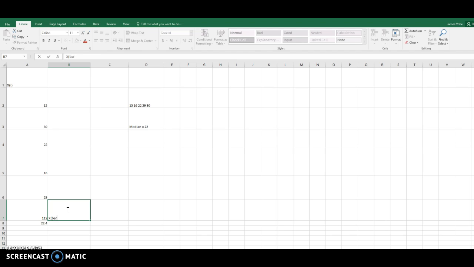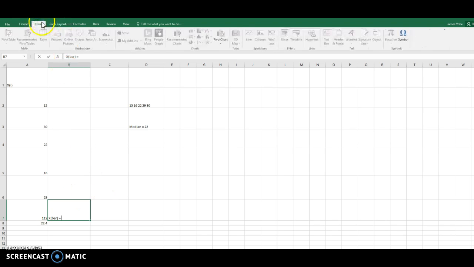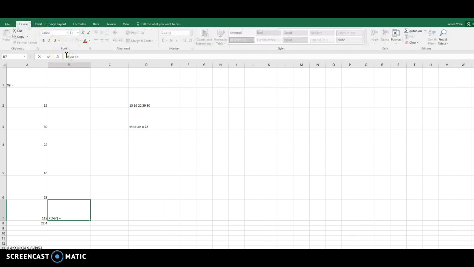Normally, there'd be a bar over the x, but I can't do that in Excel, so I just write bar next to it. x bar, which is my mean, is equal to the sum of x sub i divided by n.